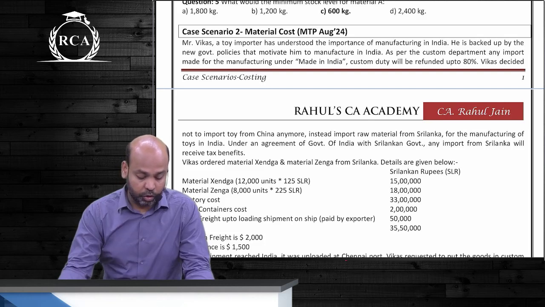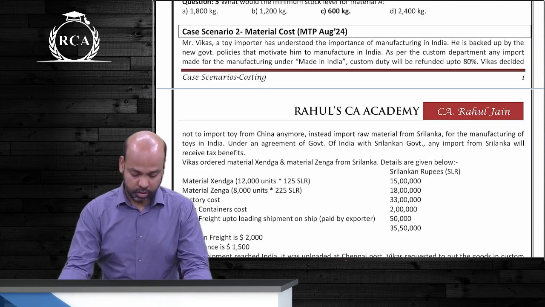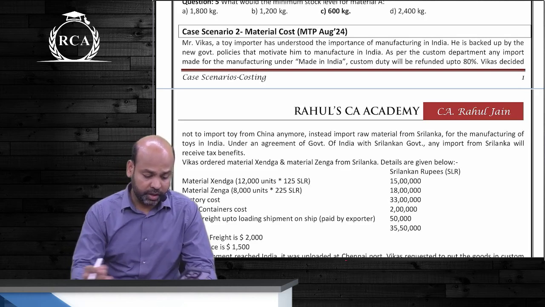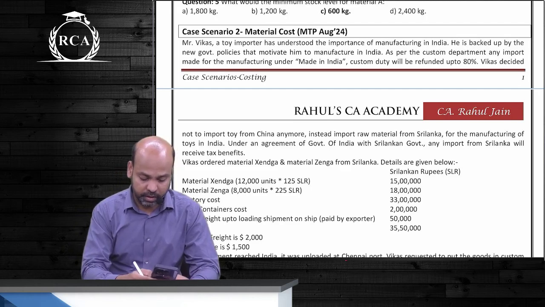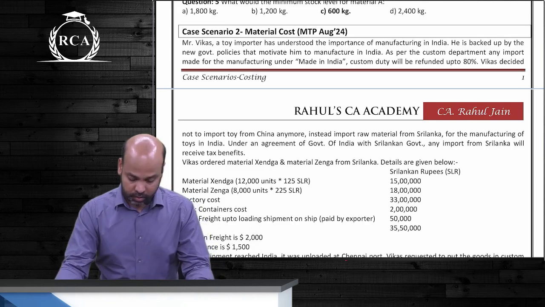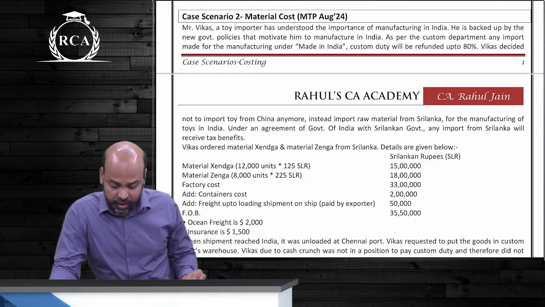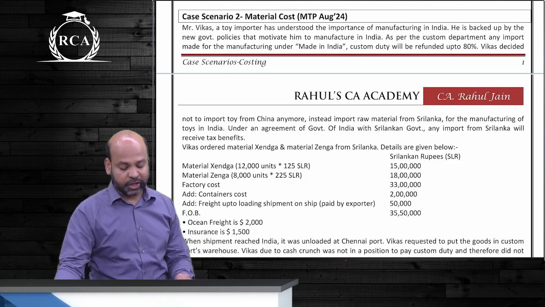Vikas decided not to import toy from China anymore. Instead, import raw material from Sri Lanka for the manufacturing of toys in India.